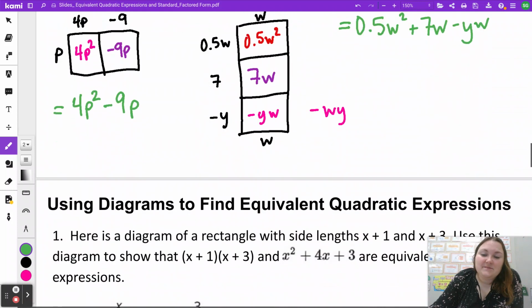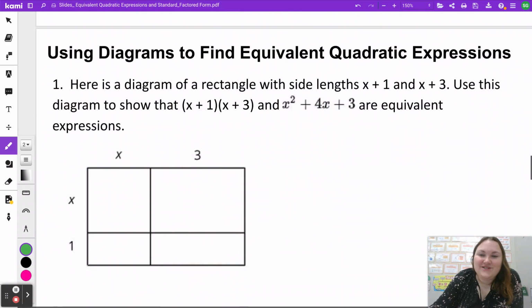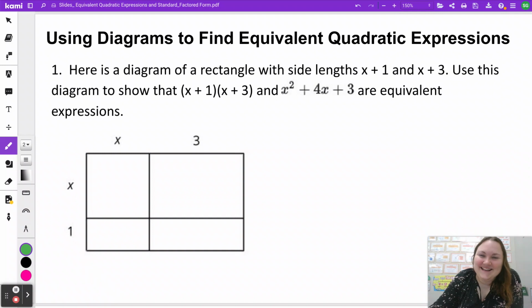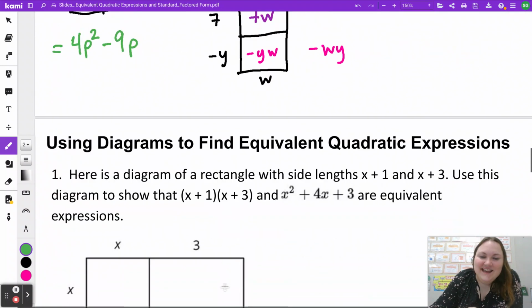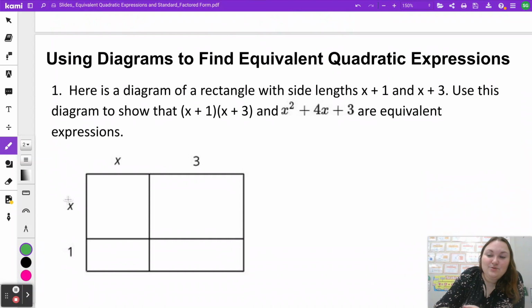In this next part, we're changing it up just a little bit. Instead of all of these problems where you're multiplying one term by 2 terms or one term by 3 terms, now we are going to multiply 2 terms, x plus 1, multiplied by another 2 terms, x plus 3.